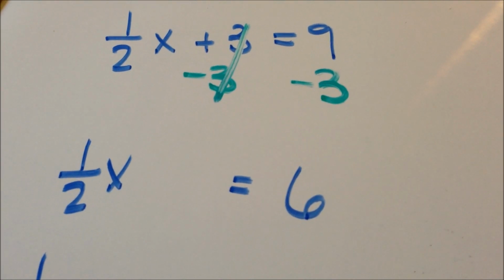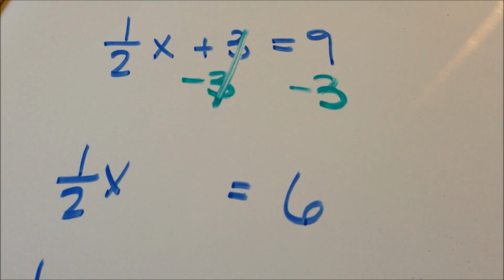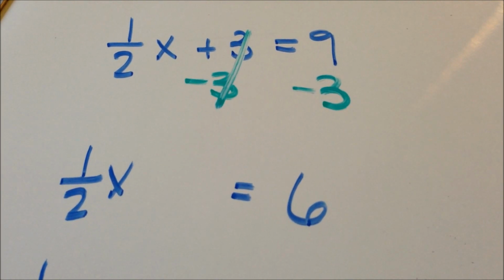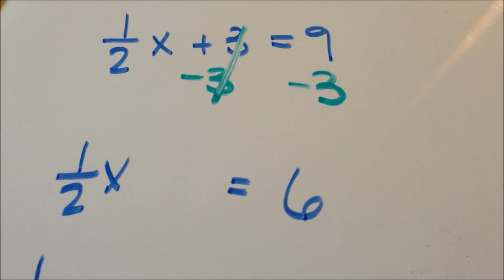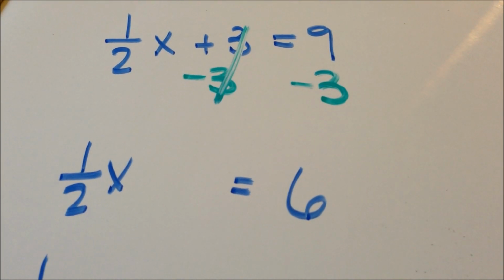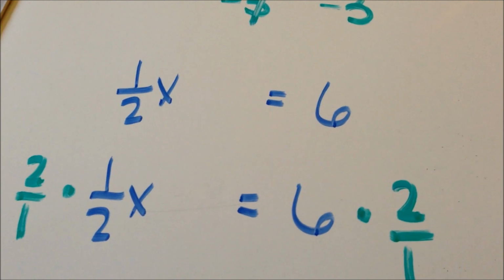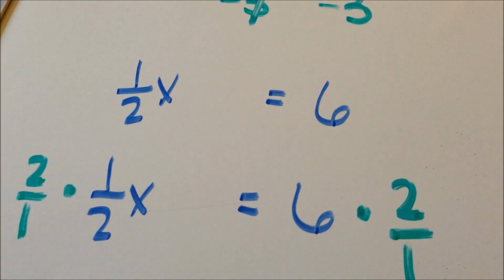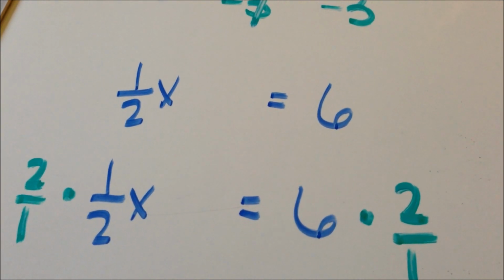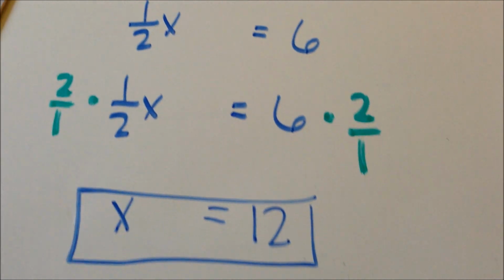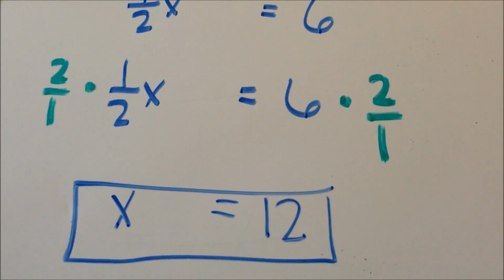When you have a fraction attached to x through multiplication, you multiply both sides by the reciprocal of the coefficient. The reciprocal of 1 over 2 is 2 over 1, so the 1/2 and the 2 over 1 cancel each other out. We're left with x equals 6 times 2, which is 12.